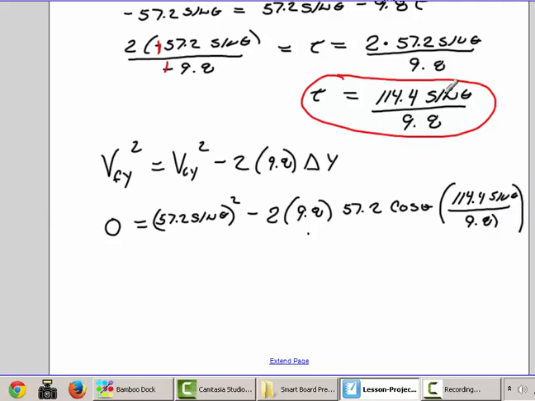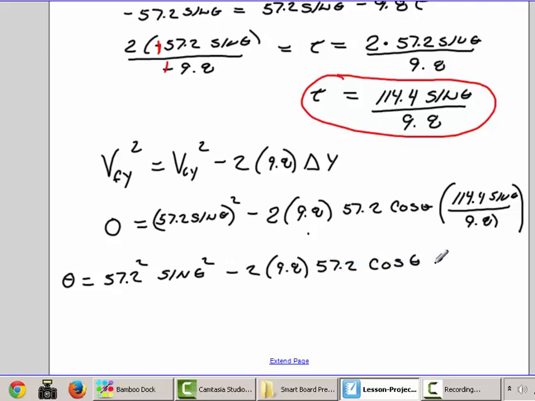here, okay? Now what I'm going to recommend here is go ahead and square both of these. So we'll make this 0 is equal to 57.2 squared times sine of theta squared minus 2 times 9.8 times 57.2 times the cosine of theta times 114.4 times the sine of theta over 9.8.